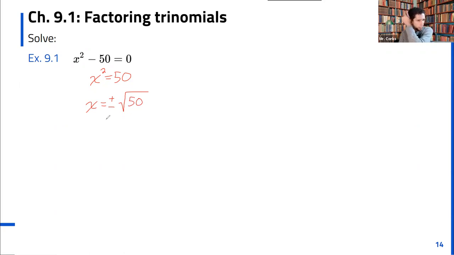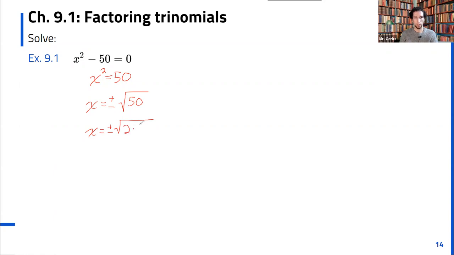And we can reduce that a little bit. This isn't a perfect square here, but we can do a little bit with this. So what could we reduce this to? Or let's split it up. 5 times root of 2. Okay, so that's the one I was thinking of.